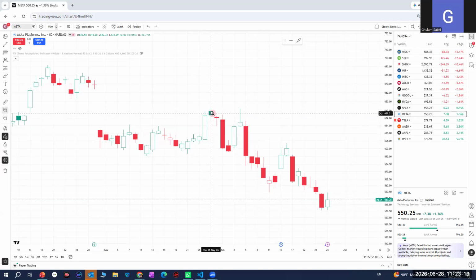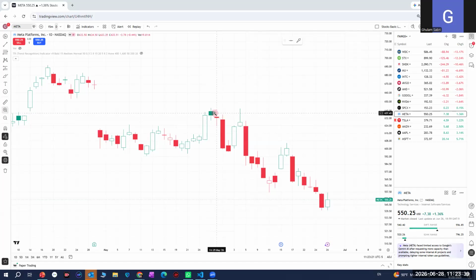But why is it solid? Solid means that it opened here, 638, but it closed here, 634. So although it closed at 634, it is still higher than yesterday's close. That's why it's solid.